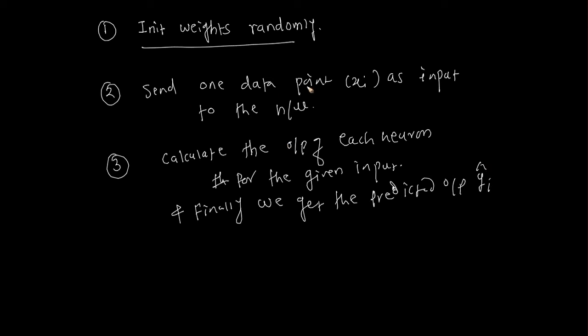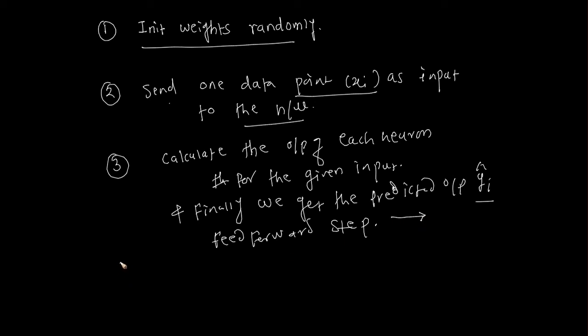So we sent one data point xi as input to the neural network, and for that input we calculated the output of each neuron, and finally we get the predicted output yi hat. So this is called the feed forward step, because the input is flowing through the neural network in the forward direction, right?